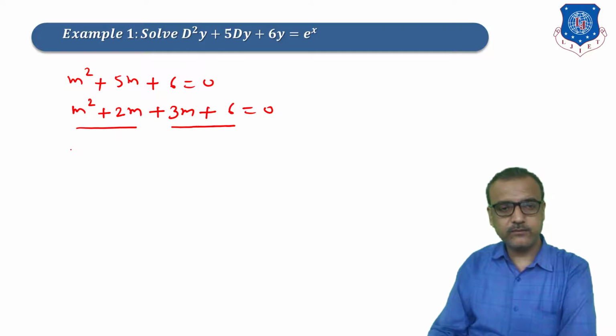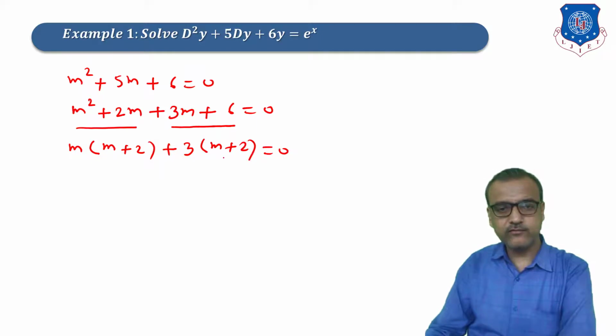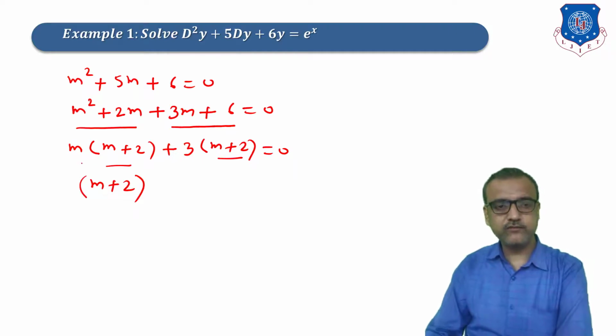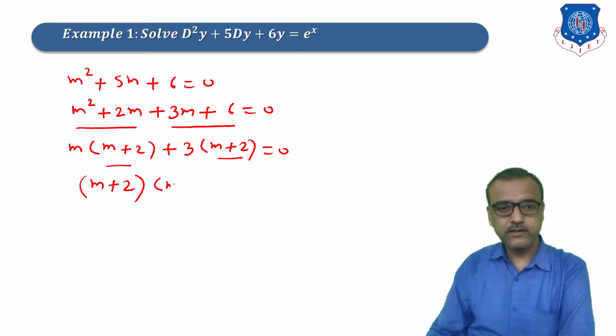So taking m common, into bracket we have m plus 2. Now taking 3 common, into bracket we have m plus 2, that is equal to 0. Now taking m plus 2 common, we have m plus 2 in one bracket and m plus 3 in another bracket, that is equal to 0.